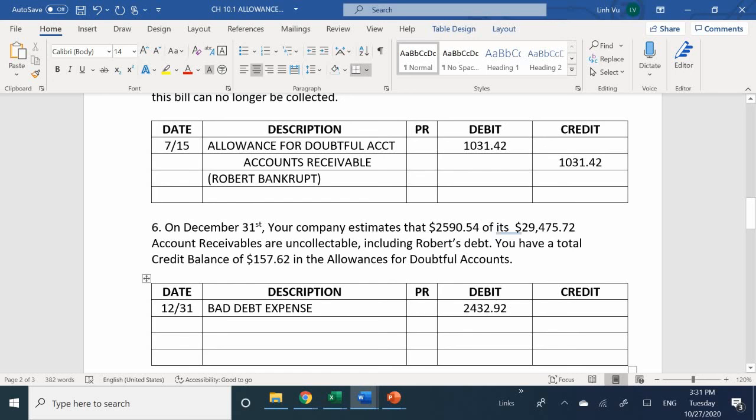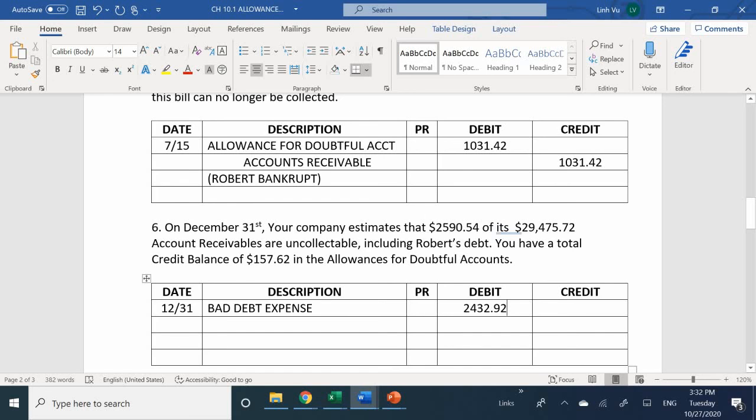Okay. So the shortcut here is there are three things that you need to look for. One is your estimated amount, which is the 2,590. Second, you look for the keyword, which is accounts receivable, which indicates that this is the balance sheet method. Therefore, we do care what the balance is in the allowance for doubtful accounts. If it's a debit balance, we add the two quantities. If it's a credit, we subtract the two quantities.